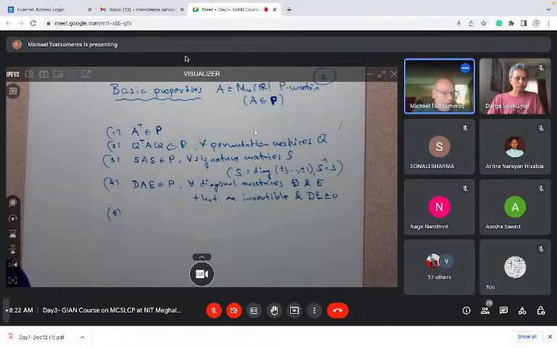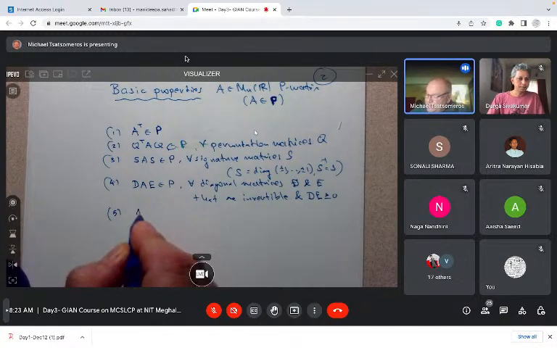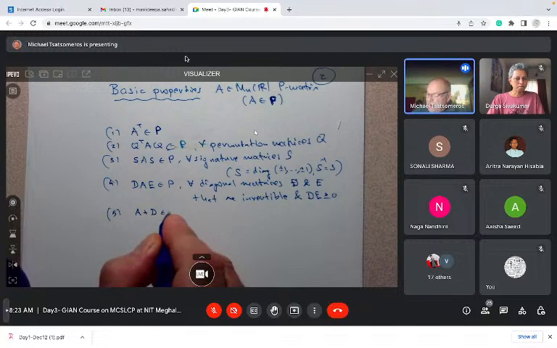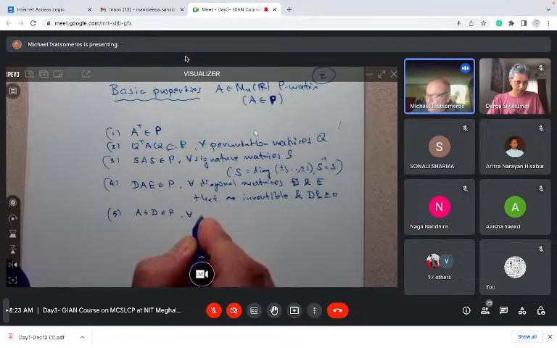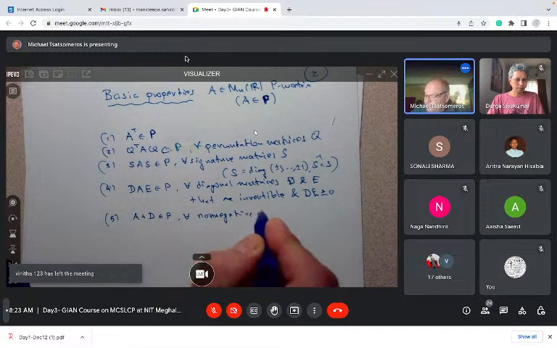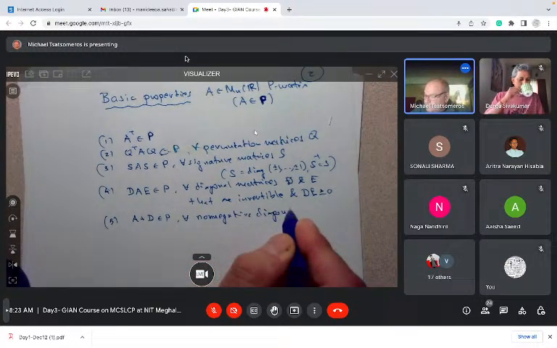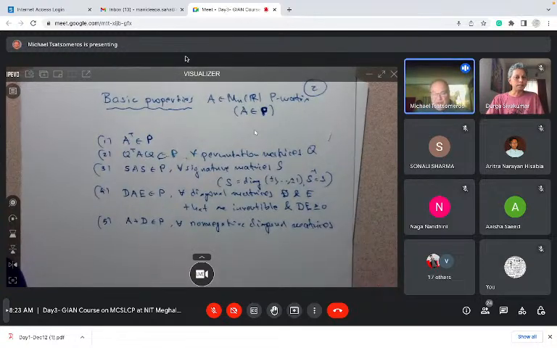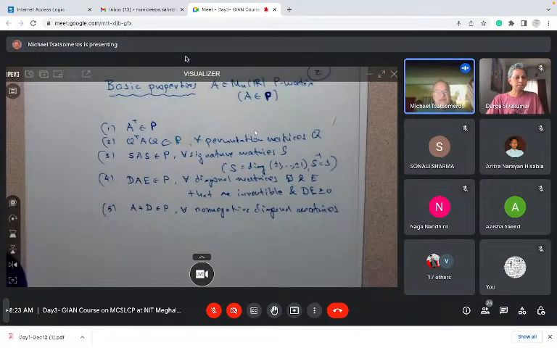I'm mentioning them as properties, but this fifth one is particularly useful: when you add a matrix E to the matrix A, it remains a P matrix for all non-negative diagonal matrices E. If it is a zero matrix, you can have all diagonal entries positive.